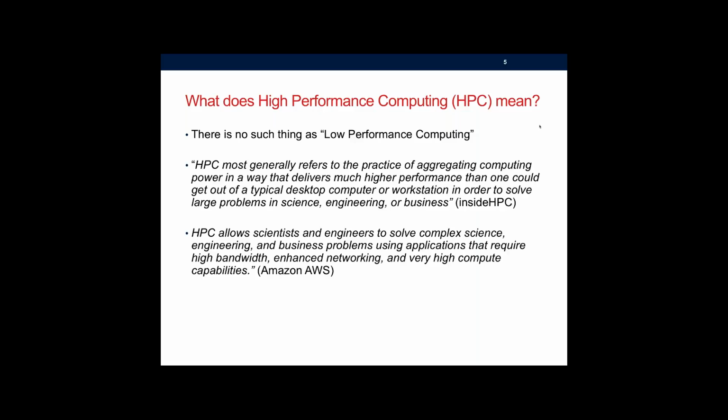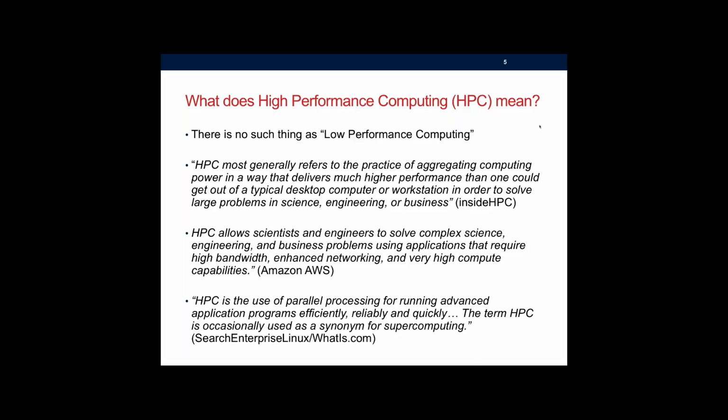A couple of definitions from a couple of different places. I don't want to read all of these, but what I want to point out is that many of those definitions really tell that it is aggregating computing power to solve bigger problems, and it talks about a need for high bandwidth, enhanced network, and high computing capabilities.